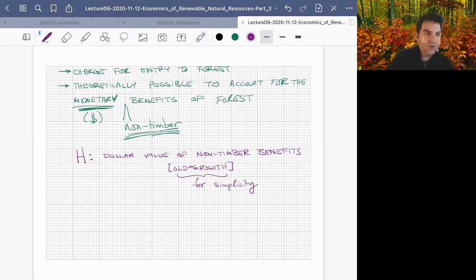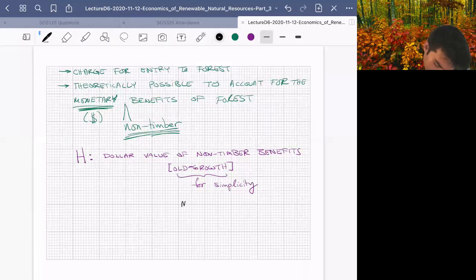And so we know that the marginal benefit of harvesting, that's easy. I'm writing this on the right-hand side of the page, so I can write something else on the left-hand side of the page.